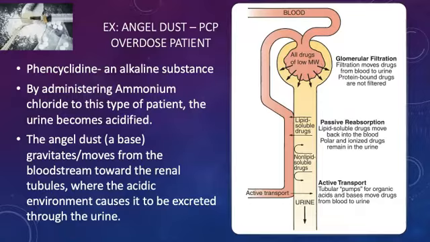So if we gave a patient who had overdosed on phencyclidine, or PCP, the drug ammonium chloride, the ammonium chloride itself will make the urine into a very acidic environment. So when you think about what's happening in this tubule, when urine is excreted and we make the urine very acidic, that basic substance wants to cross over into the tubule.